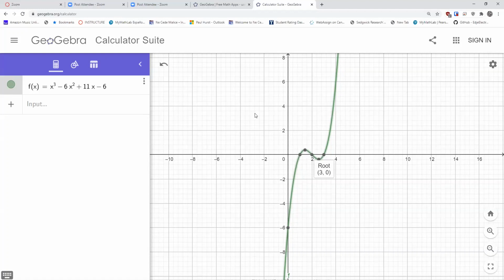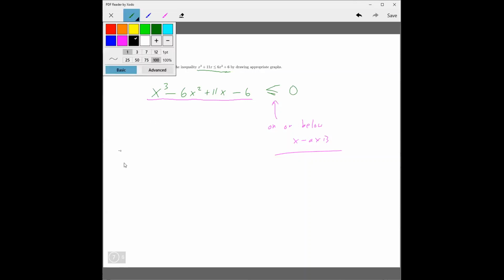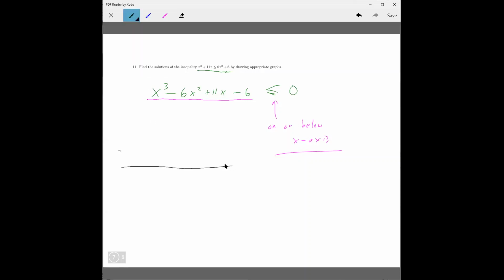Okay? So let me come back over and try to do an analysis over here of it and what we want. Okay, so in graphing this right here, it came up at 1, it crossed, and then at 2, it crossed again, and at 3, it crossed the third time.